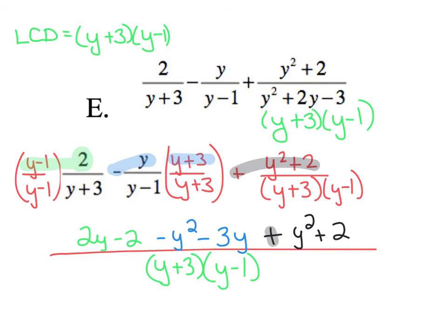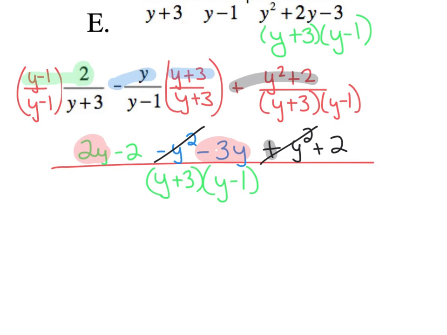Now in the numerator, I'm going to combine my like terms. So I see a negative y squared and a positive y squared would cancel. I then have a positive 2y and a negative 3y would become negative y. I think I said squared there, but it was not squared. And I have a negative 2 plus 2.